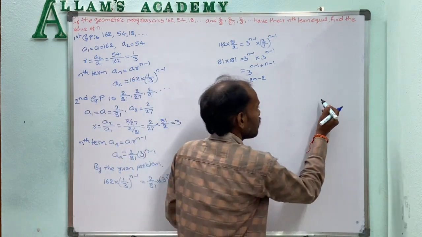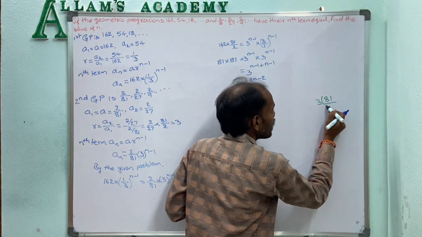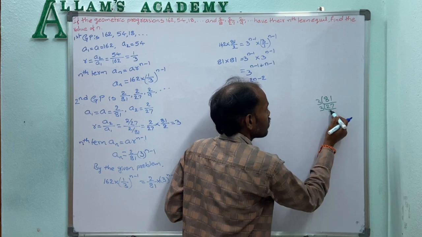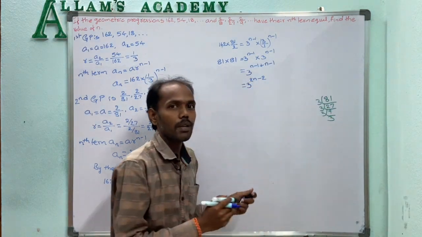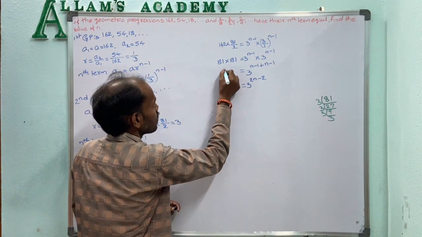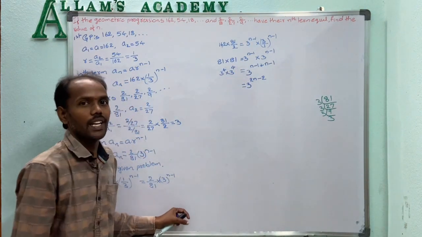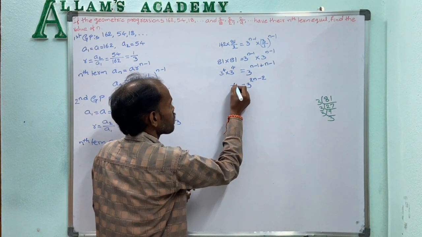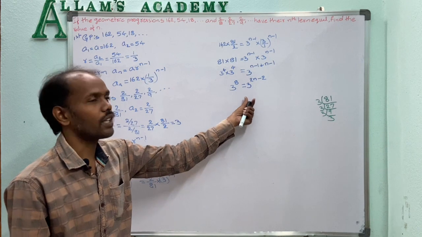If we do factorization of 81, 3 27s are 81, 3 9s are 27 and 3 3s are 9, that is nothing but 3 power 4 equal to 81. So 3 power 4 into 3 power 4. So a power m into a power n is a power m plus n, that means 3 power 4 plus 4 is 8. So 3 power 8 is equal to 3 power 2n minus 2.